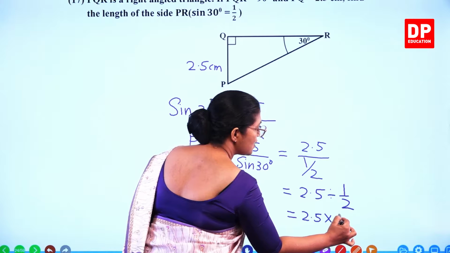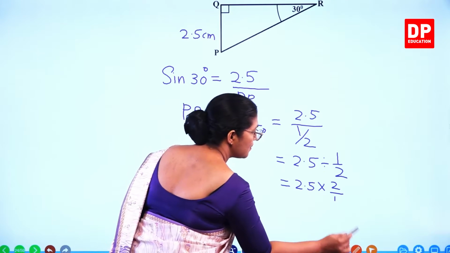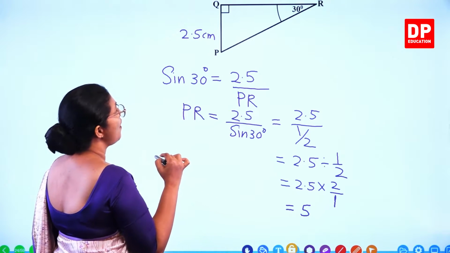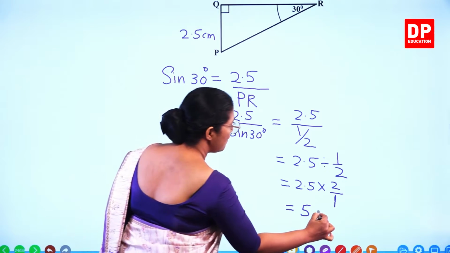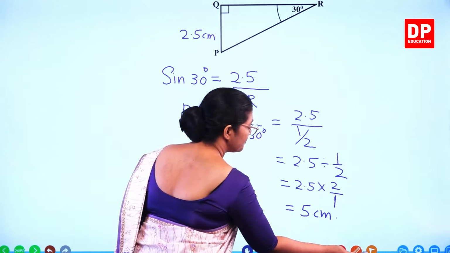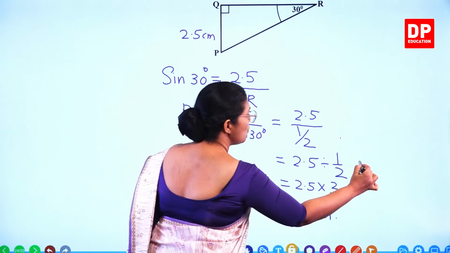We take the reciprocal. So, what's the answer? 2.5 multiplied by 2 is 5. So, length of PR is 5 centimeters. So, you get 2 marks for that.